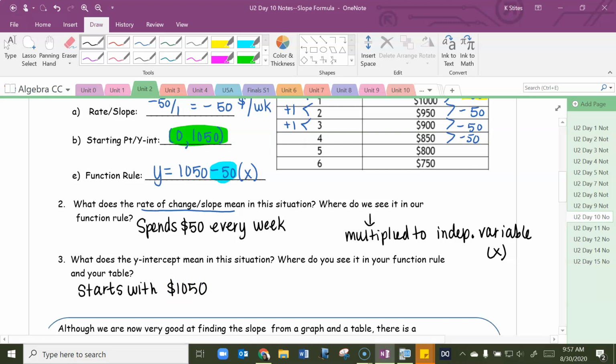In the function rule, basically it's the number not with the independent variable. So I'm going to say it's not with x. And in our table, again, we always know this is a 0 comma. So that's from our table, and that's from our function rule. And this is just an abbreviation for function.